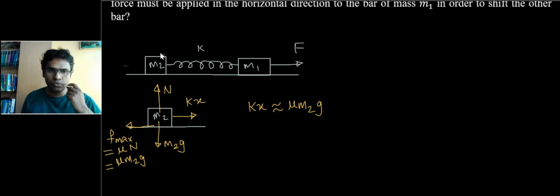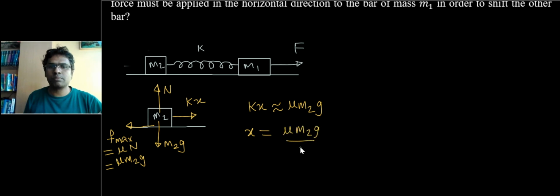So if I have to move the block on the left, the extension that I need in the spring is mu m2g by k.